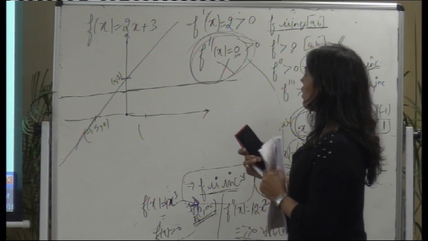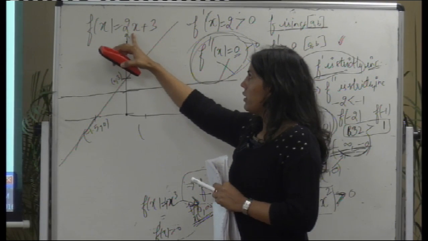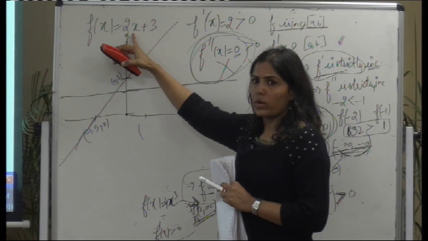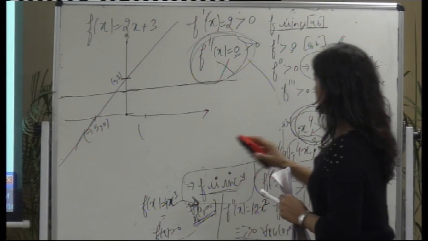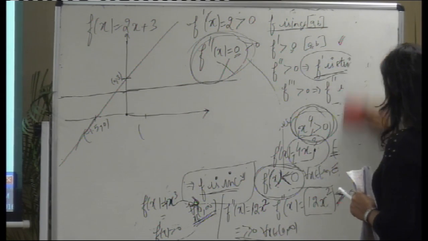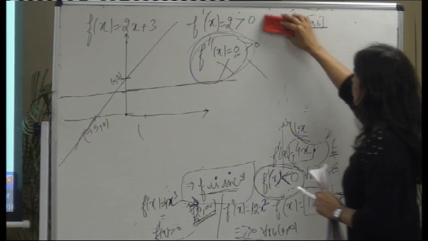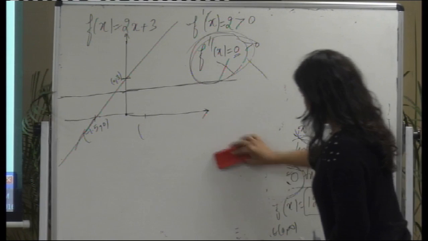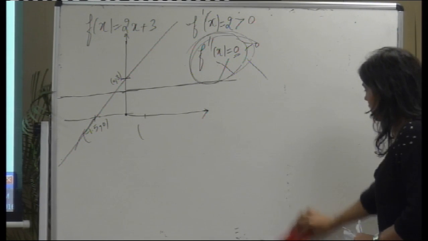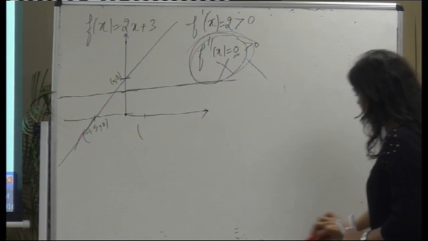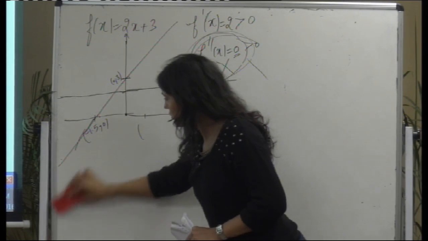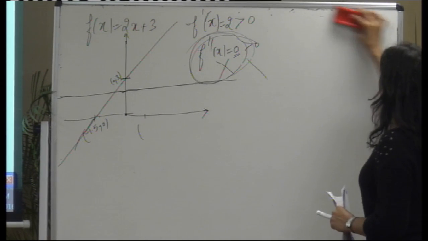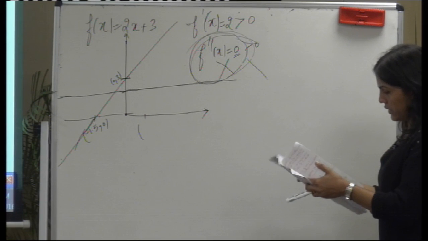What about this function, if it is monotonic? What is the least value? What is the least value for this function? Least value, give me quickly.